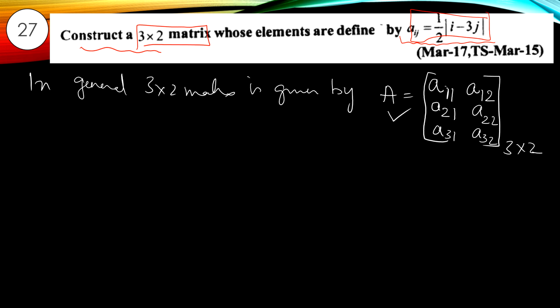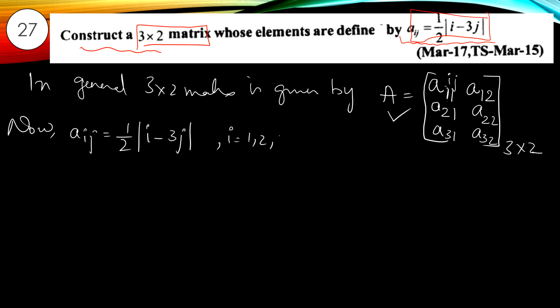So now, what they have given is Aij is equal to half modulus of i minus 3j. So this is the given condition. Here, if you see, total i values we have are 1, 2, 3, right? So here i values are 1, 2, 3, and what are the j values?